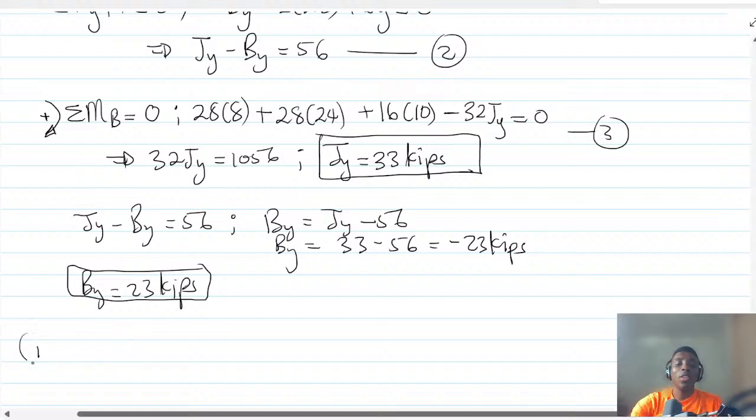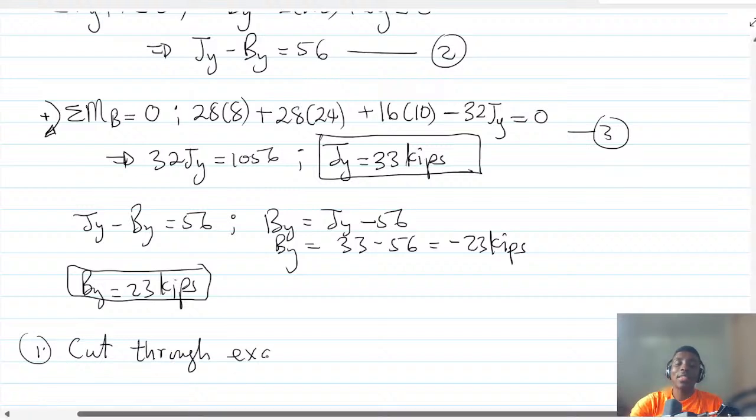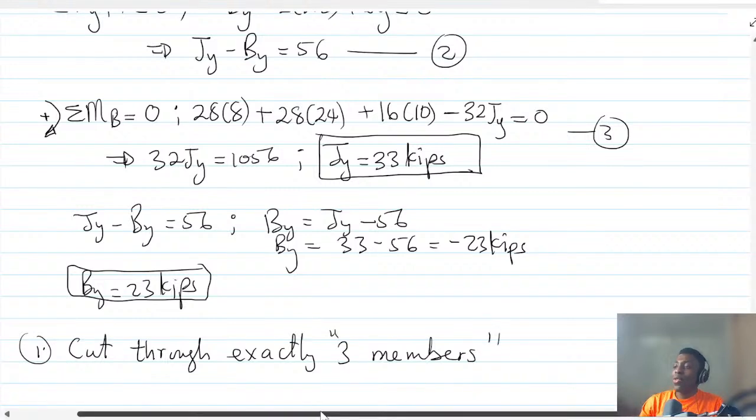To do the method of section, number one, cut through exactly 3 members. Please, exactly 3 members.